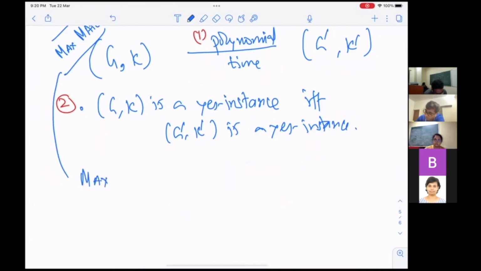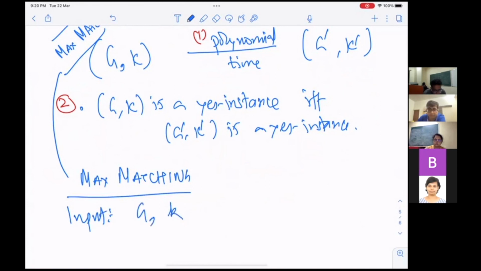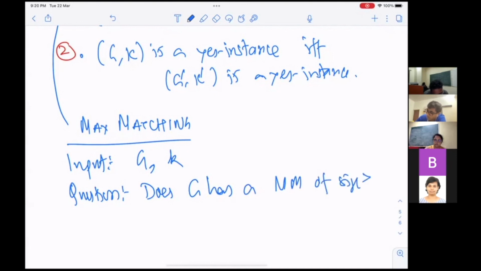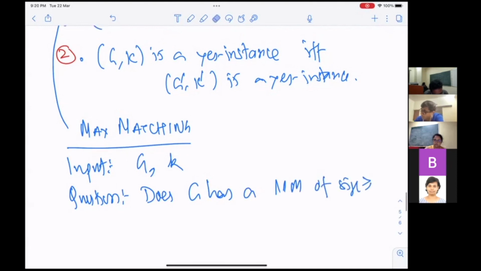The input is G comma K. The question: does G have a matching of size at least K? This is my question.